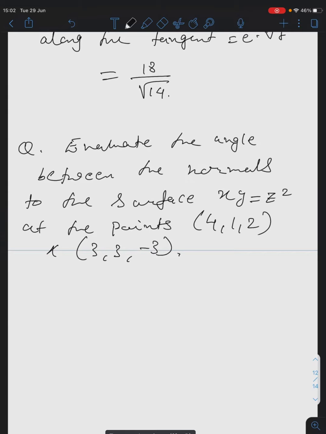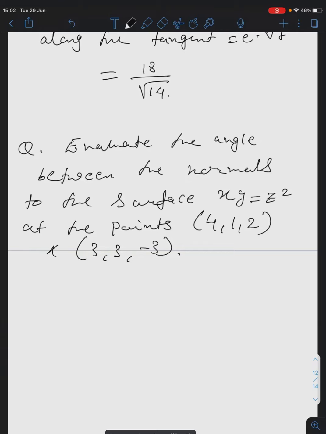If I give two vectors, how will you find the angle? Remember the formula: cos theta is equal to A bar dot B bar by mod A bar into mod B bar.